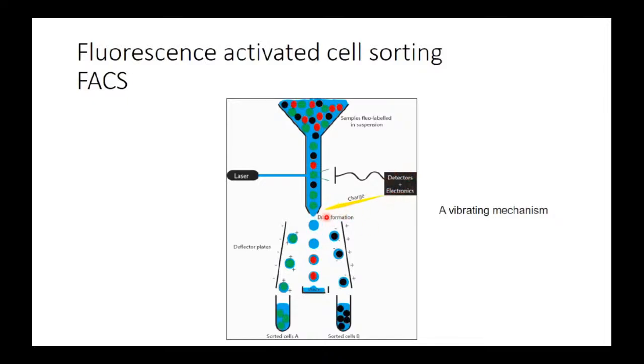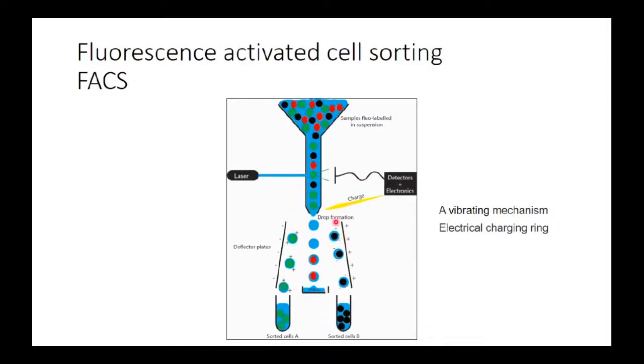So at the end of the tube, I have something called the electrical charging ring. The electrical charging ring is responsible for charging the cells according to my adjustment. For example, if I adjust the settings of the program, I can ask the computer to charge the high fluorescent cells with a positive charge and the low fluorescent cells with a negative charge.